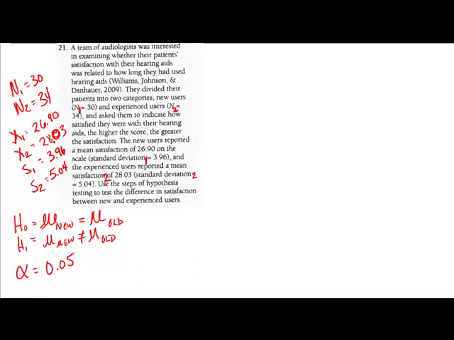So we're going to have to calculate a few things. One is the degrees of freedom. N1 minus 1 plus N2 minus 1, that equals, let's see, 64 minus 2. Degrees of freedom is 62.